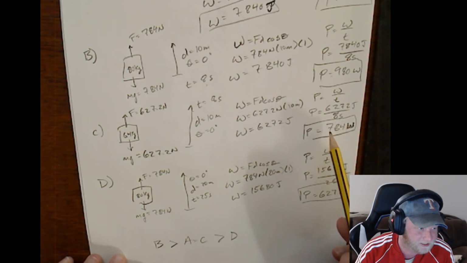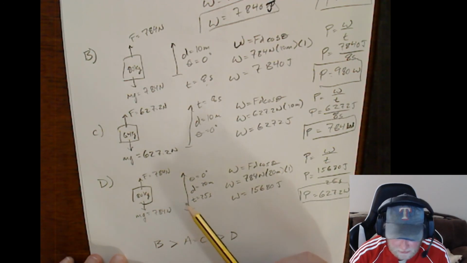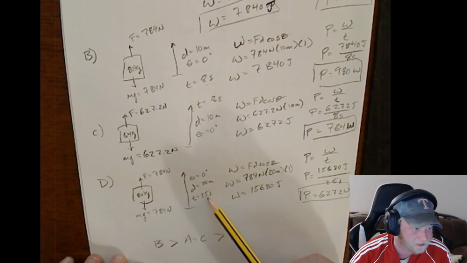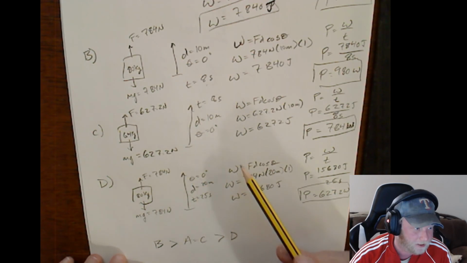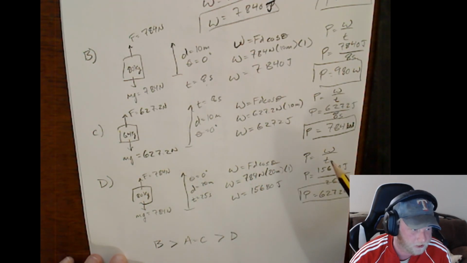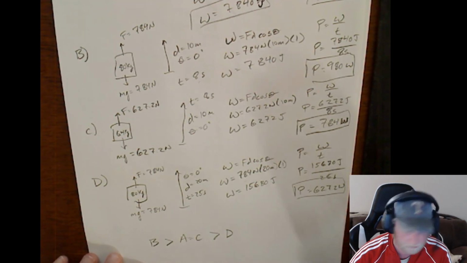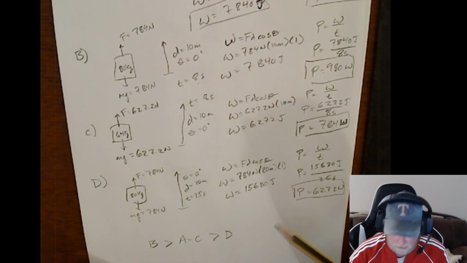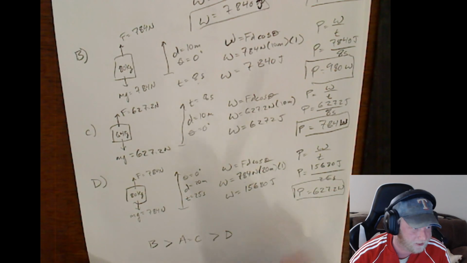Work over 8 seconds, and you get 784 watts. Now in part D, you've got a guy that's going 20 meters instead of 10, right? It happens at a time of 25 seconds. We know that angle of difference between your displacement and your force vector is still 0. Calculate out your work, put your work over your time to find your power, and you get 627.2 watts. All right, so if we're going to rank this, right, B is greater than A equals C, which is greater than D.